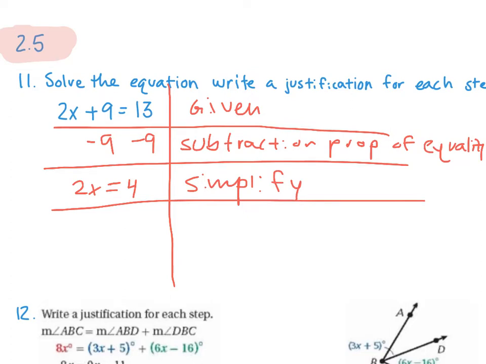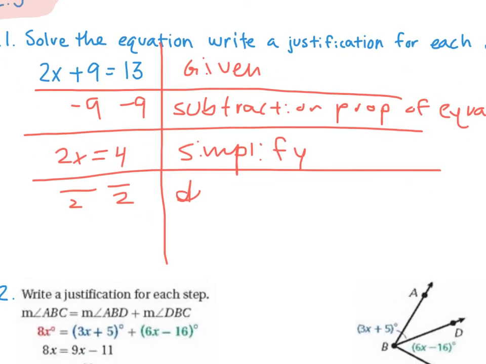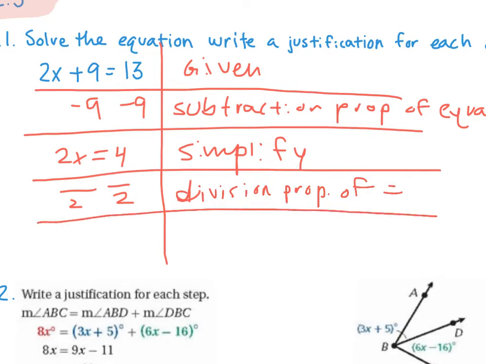And now to solve for x, we divide both sides by 2. So divide both sides by 2, and this would be the division property of equality. And now we just simplify again, and we get x is equal to 2.